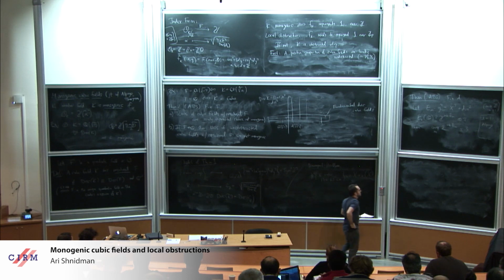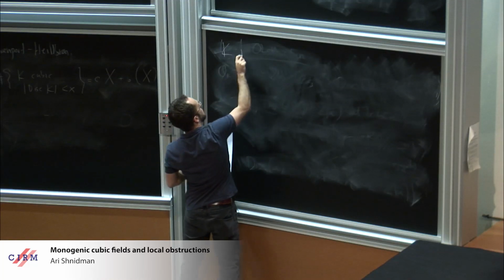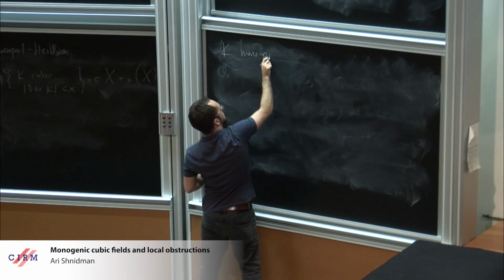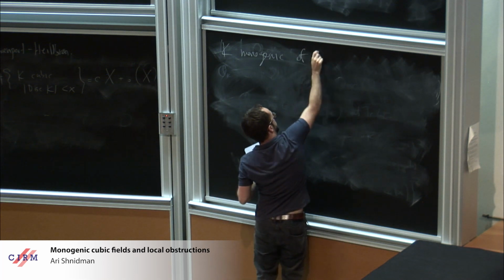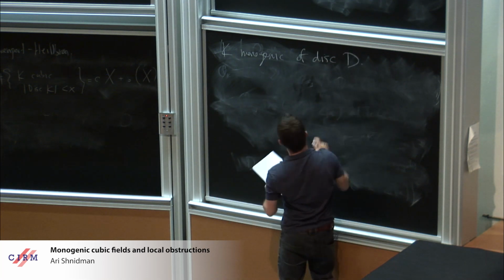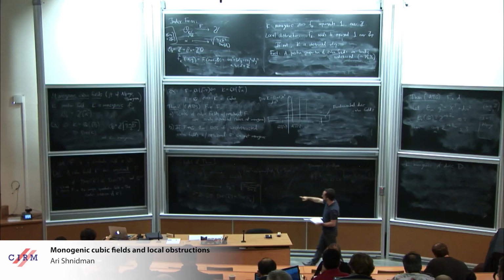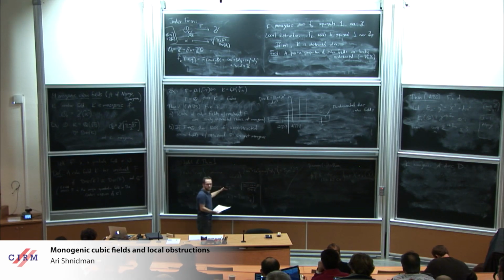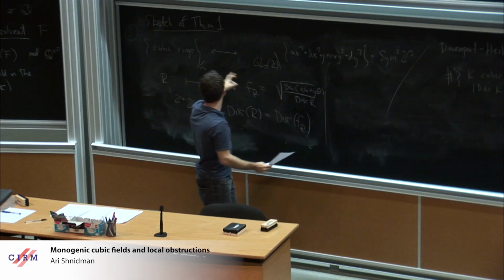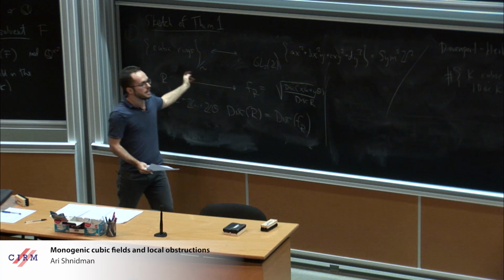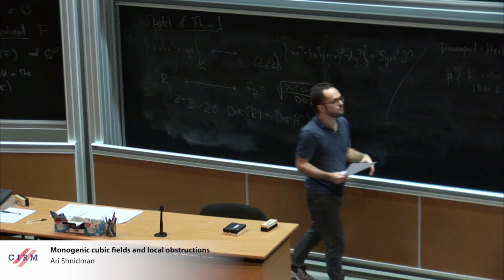So suppose K is monogenic. Let's say it has discriminant D. Well, what does that mean? As we've said, that means that the corresponding form F_K, corresponding to the ring of integers of K, represents 1.